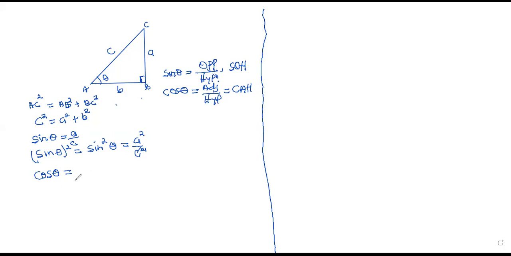So cos theta is B over C, meaning that cos theta squared, which we also refer to as cos squared theta, is B squared over C squared.